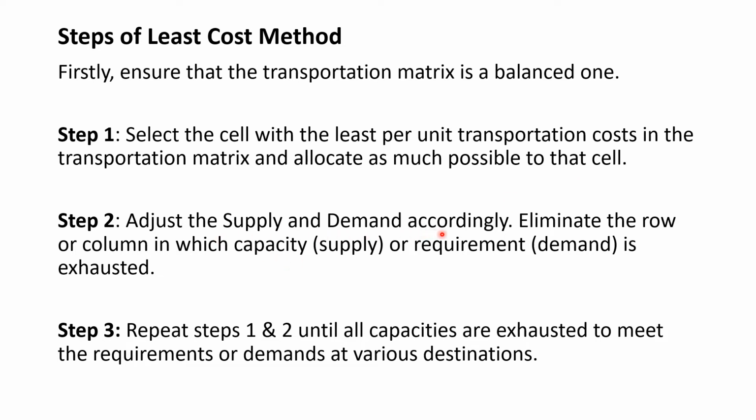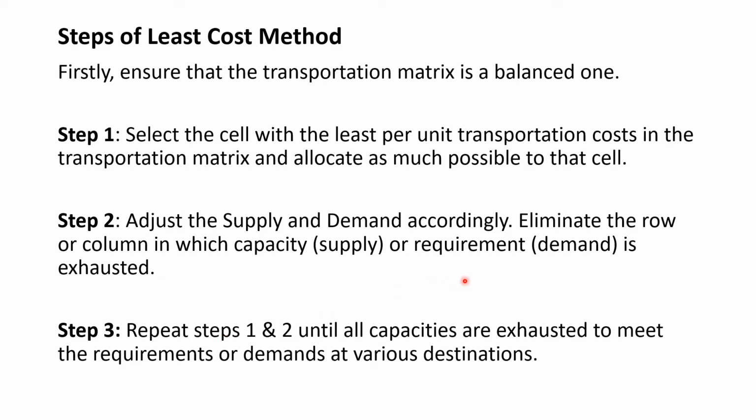Adjust the supply and demand accordingly. Eliminate the row or column in which capacity or requirement is exhausted. So cross out the row with the supply 0, or cross out the column with the demand 0, right? And these steps are to be repeated until we get the solution.